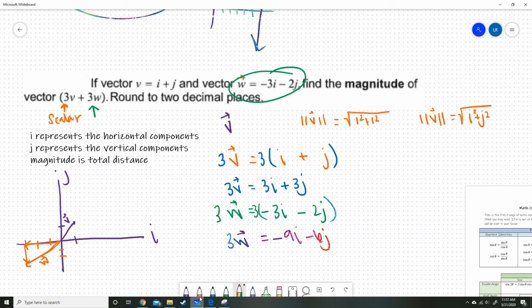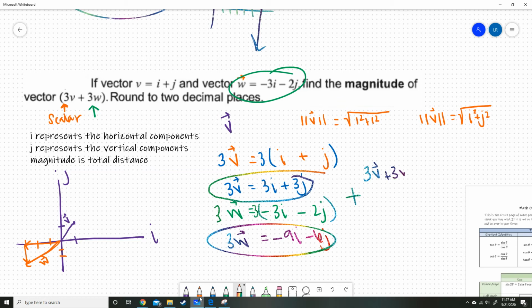Now if I want to add those two together, I would add my I components and I would add my J components. So 3v plus 3w is going to equal the I components: 3I and negative 9I is going to be negative 6I. And then the J components are 3J and negative 6J, so minus 3J.